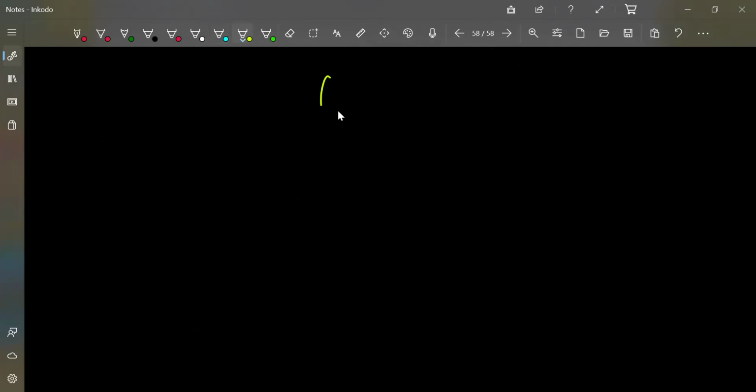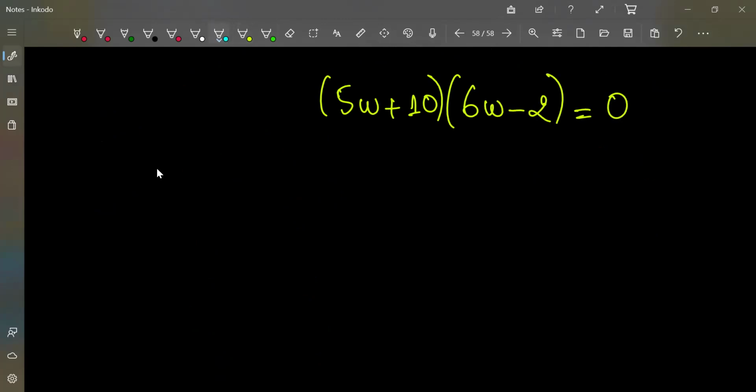If I have 5w plus 10 multiplied by 6w minus 2 is equal to 0. So we can solve in the same way as the previous equation. Okay, so we get 5w plus 10 equals 0.